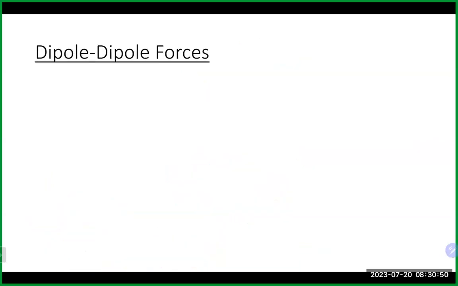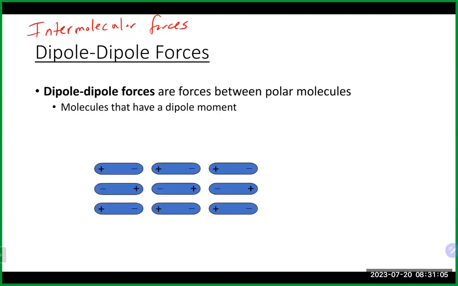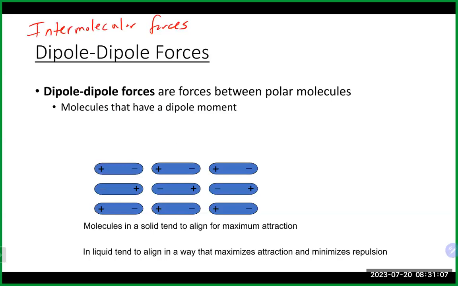So what we're going to talk about here are some different types of intermolecular forces. All of these that we're going to talk about are intermolecular forces. The first type is a dipole-dipole interaction. You might remember we see dipoles in polar molecules, right?